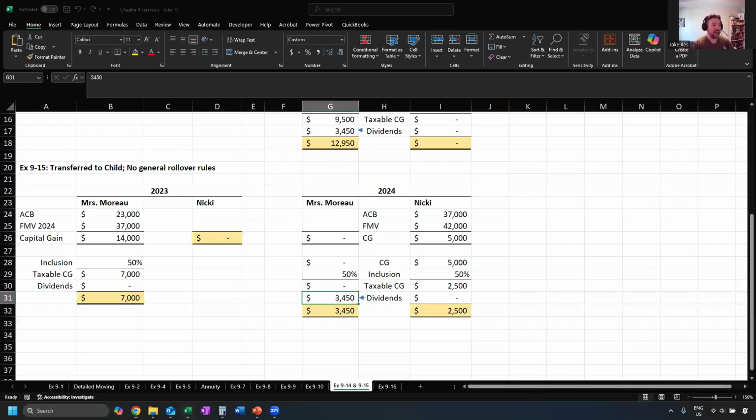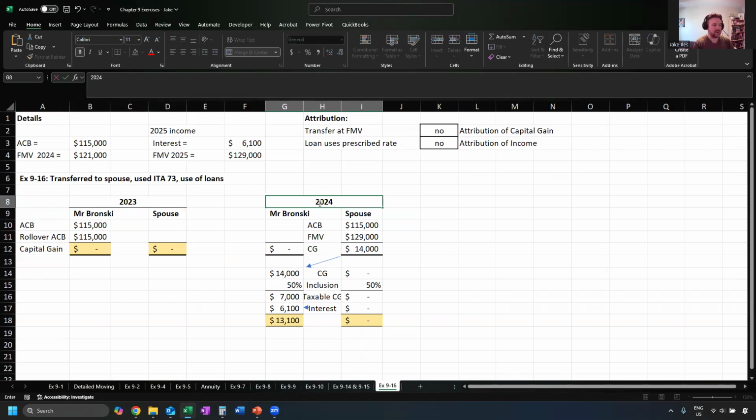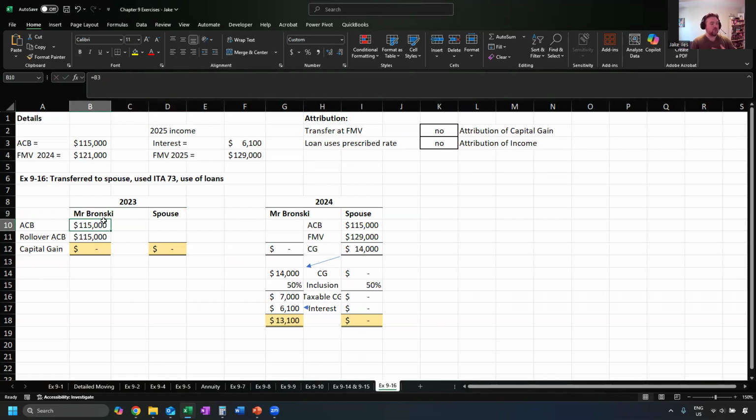So what does that mean for our result? The year doesn't matter. It's kind of the same way. Mr. Bronsky transferred them at cost. No disposition was reported. So the cost base was 115. The rollover ACB must be 115. So no gain in 2023.